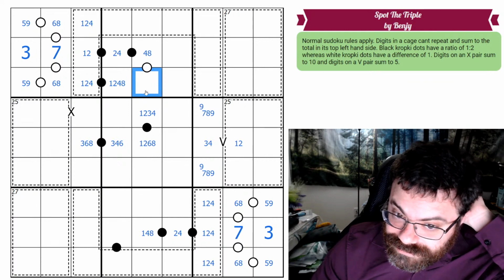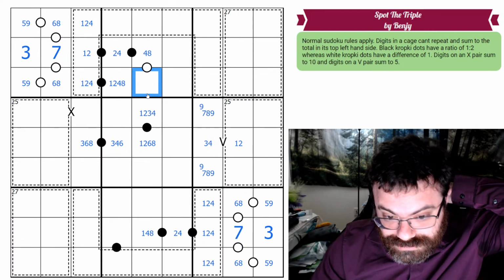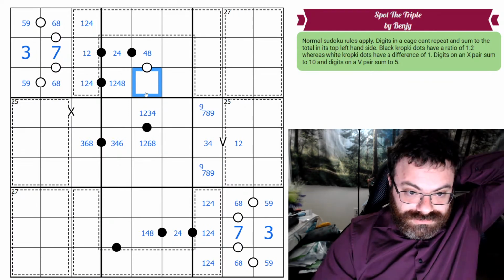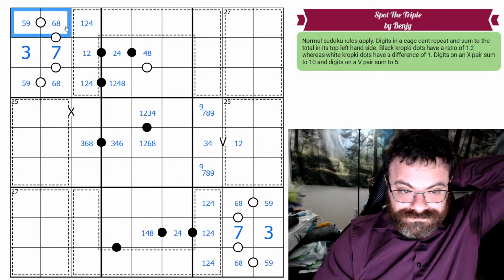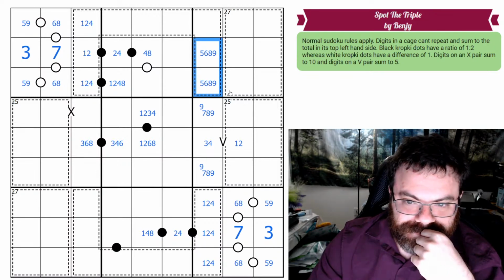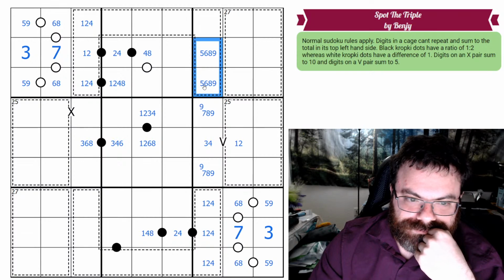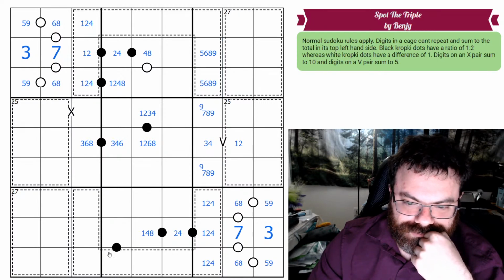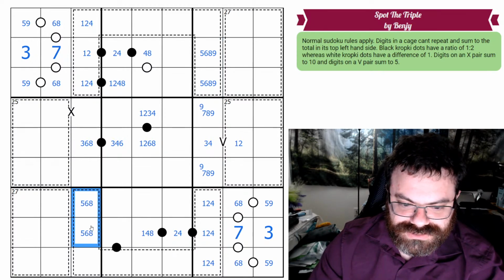Four would be a 3, 5. 8 would be a 7 or 9. So this is 5, 6, 8, 9. This is 5, 6, 8, 9.